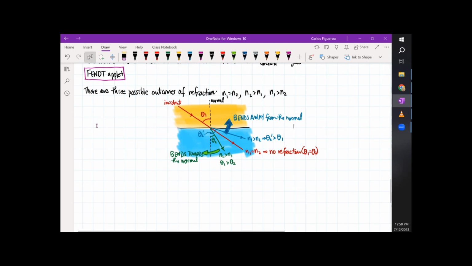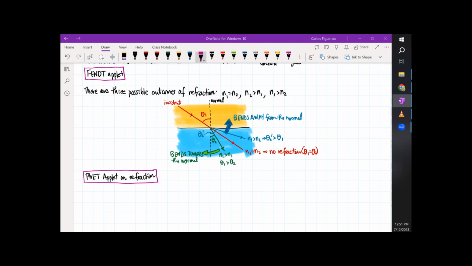So to give you a sense of what's actually happening, let's do this in an applet. I'm going to use the PhET applet on refraction. Okay, so let's go look at this.